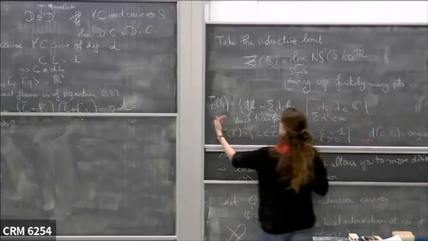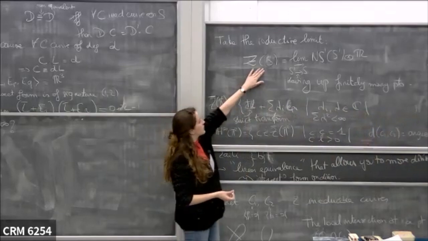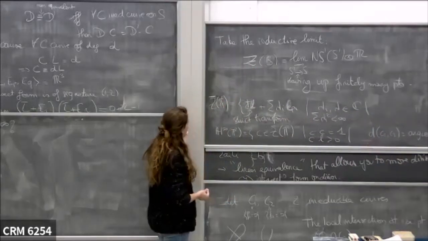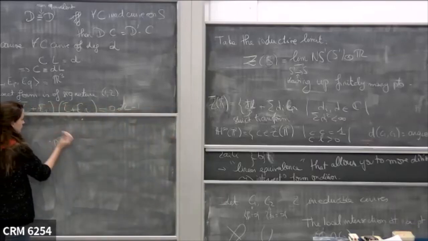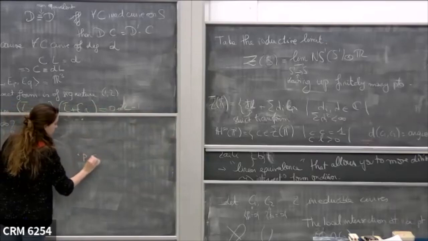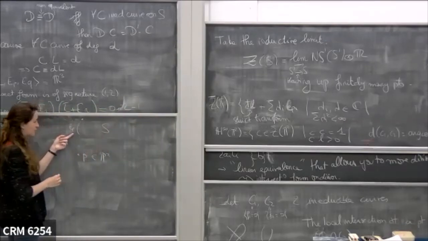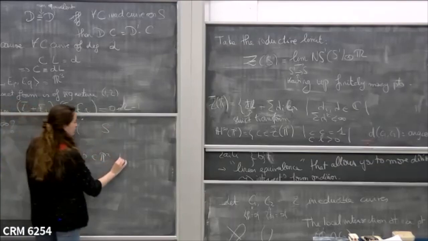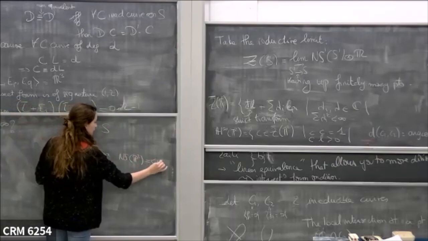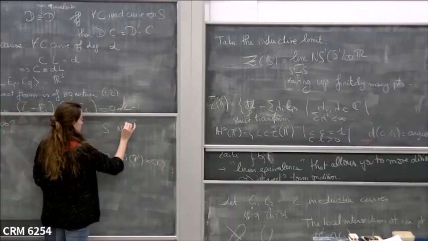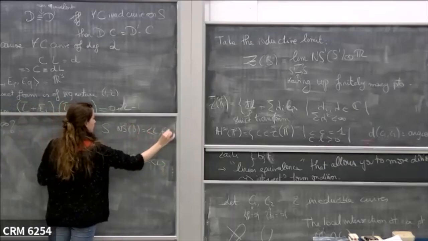Here I said that it's the space associated to P2, but because we take the inductive limit, if you blow up a point in P2, you have a surface above, and we have said before that the Néron-Severi group of this one was generated by the line, and now this is generated by the line and EP.